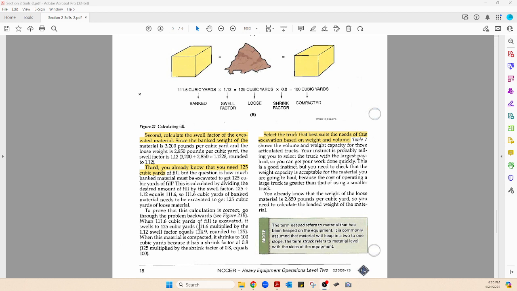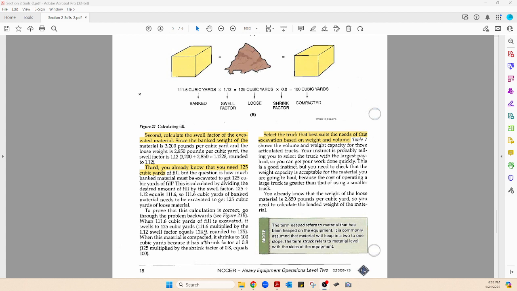And the reason they know that is that the 111.6, the amount of cubic yards that we're digging out, is multiplied by the 1.12 swell factor, which gives us 124.9, which rounds off to 125, which we need.